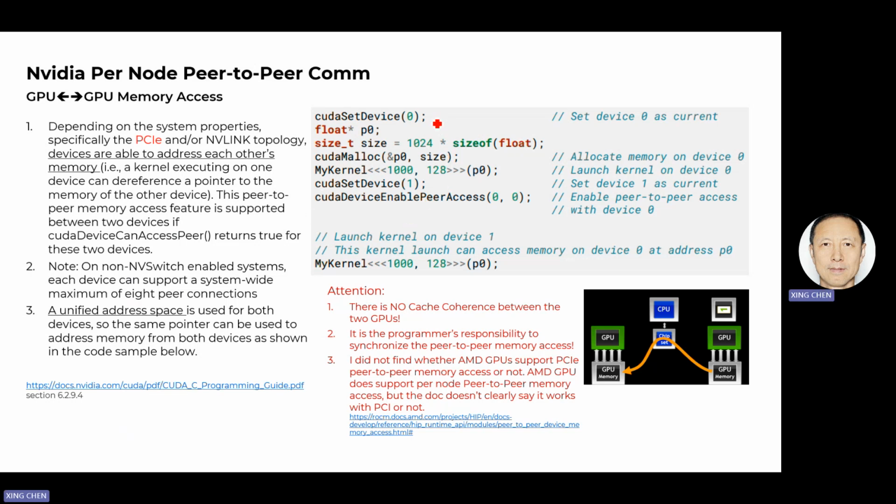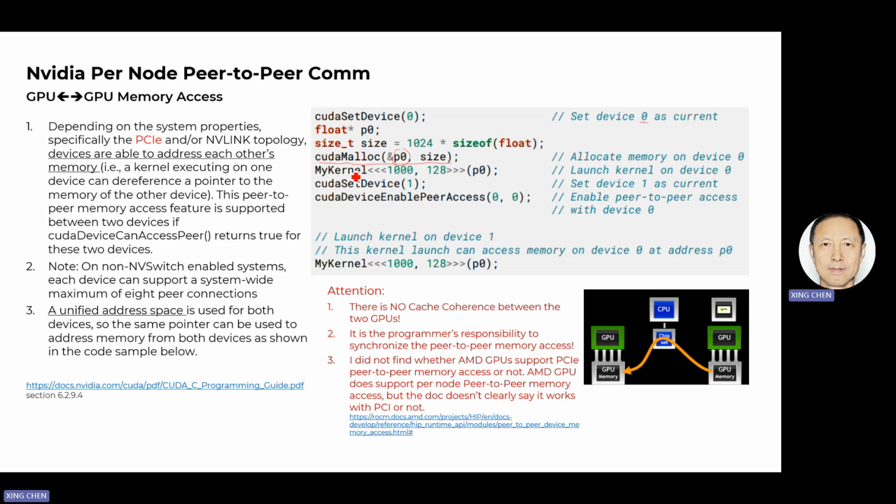This one is saying that you are going to talk with device 0, meaning GPU 0. And then you are going to declare a pointer. And then you are going to allocate 124 floating points, a piece of memory, and point to it by this pointer P0.